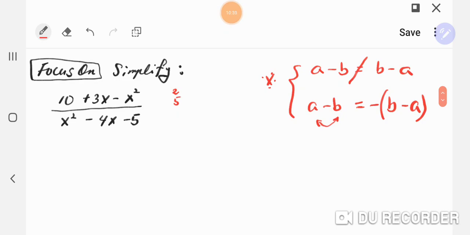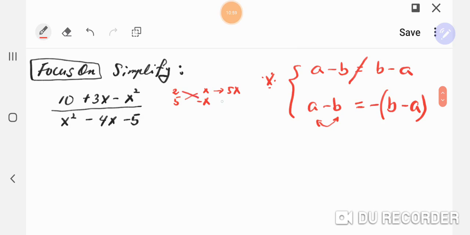The numerator is 2 times 5, and x squared is x times x, and then we have to put the negative sign. So let me put the negative sign on the upper x so that this cross multiply is negative 5x. Let's put the negative sign in the lower x, so this will be 5x.